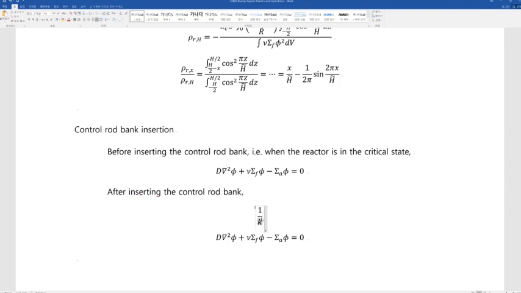But in this case, this K is used for the case after inserting the control rod.